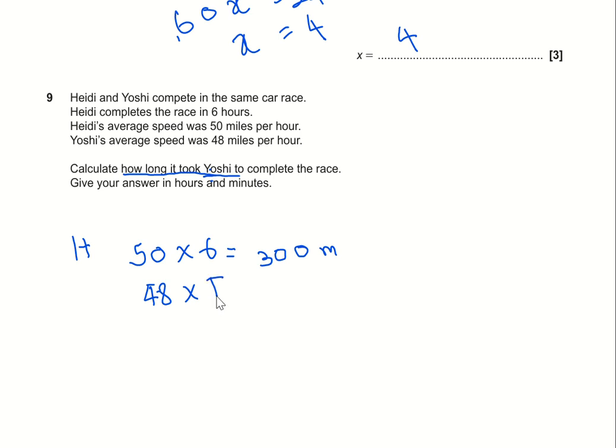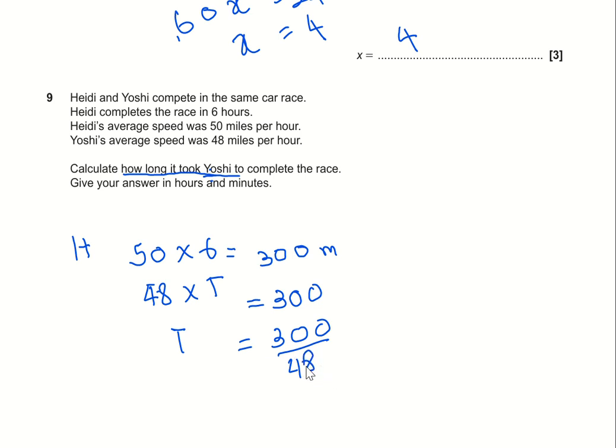The time t is for the same distance, 300. So t times 48 equals 300, so you need to divide 300 by 48.